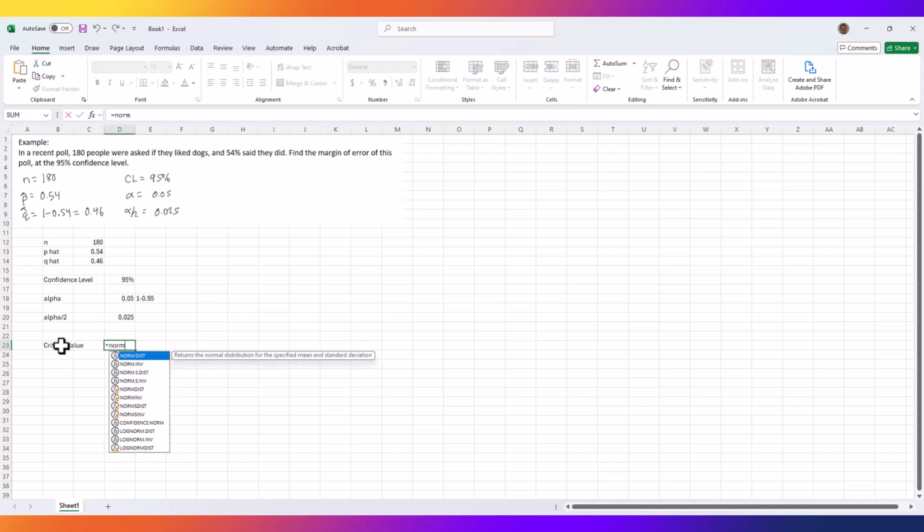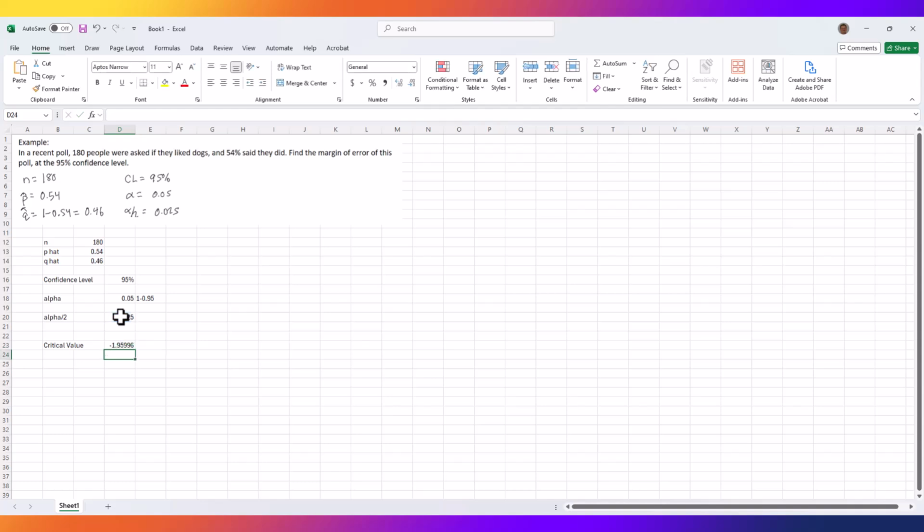This is old news, but we'll do the normal standard inverse, clicking on our alpha over 2 and putting that here. I'm going to adjust this to 0.025 just so that when I look at the work here, it shows up.